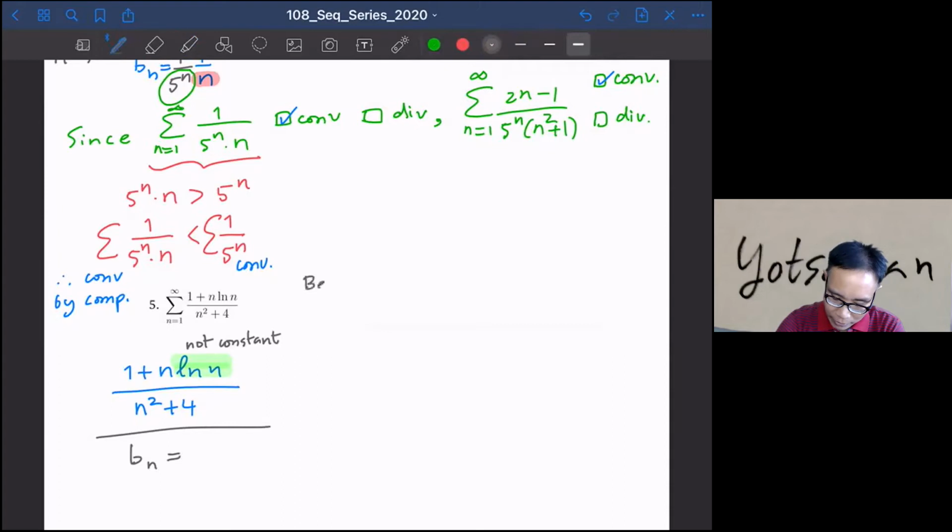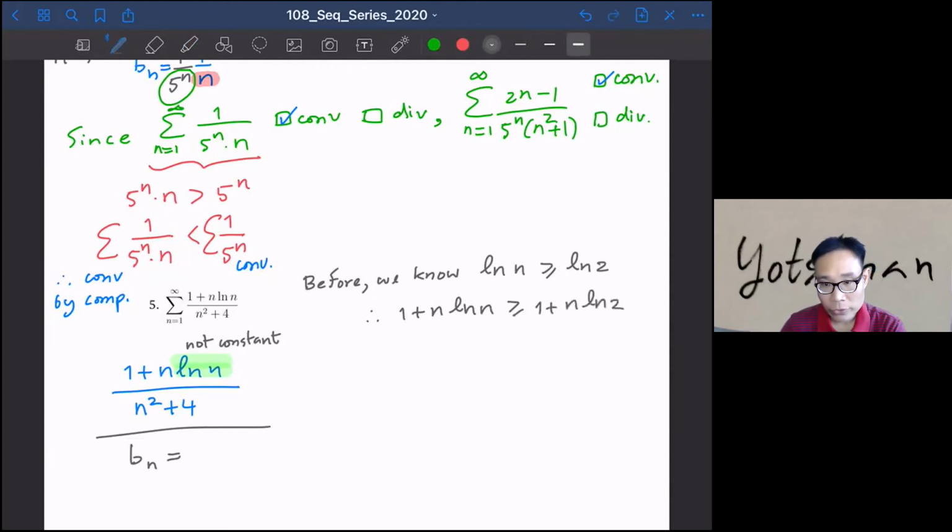We know log n is higher than log 2. So you would get 1 plus n log n more than 1 plus n log 2, everything over n squared plus 4.